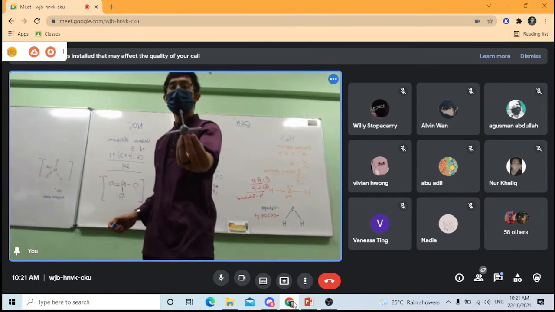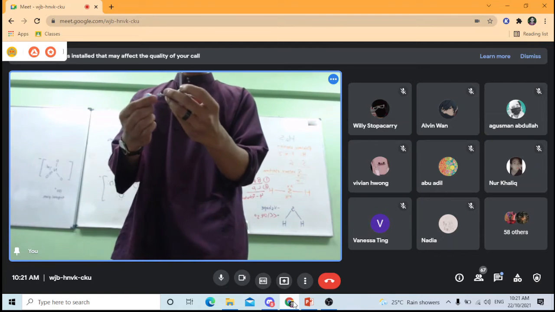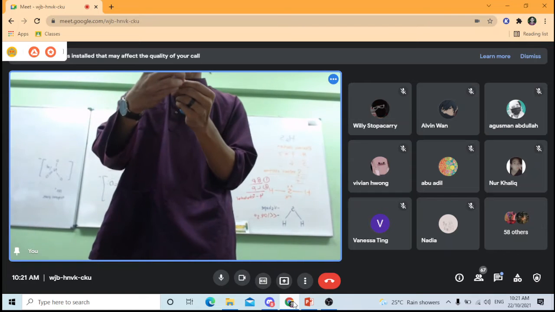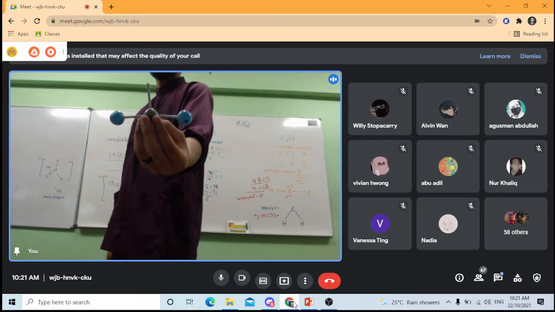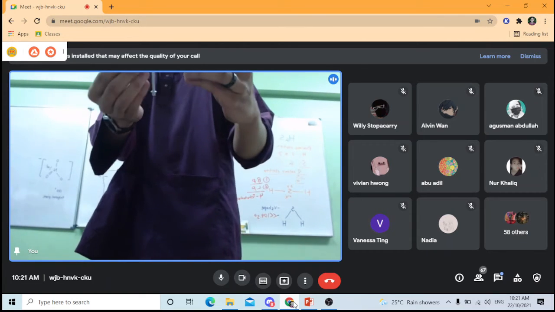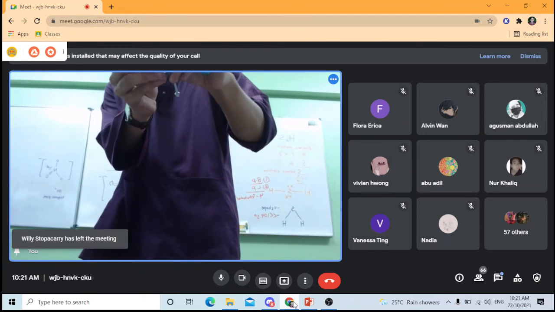Bayangkan this is carbon. This is carbon, and we have, apa punya ni? Sulfur. We have sulfur here. So what happened when kita buat double bond is we are making a new bond to some group.